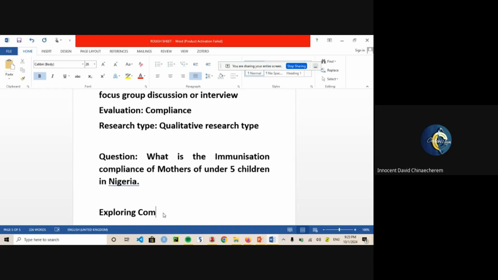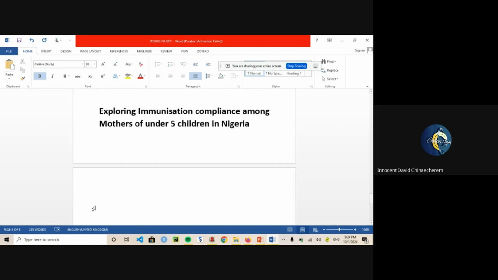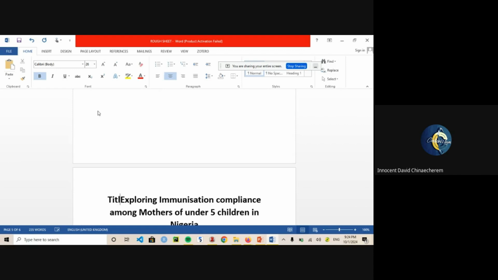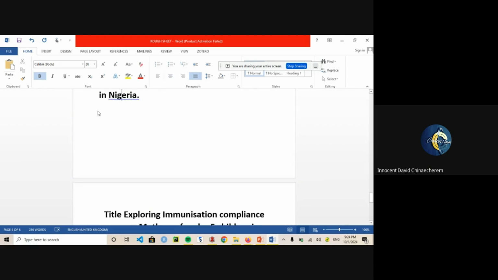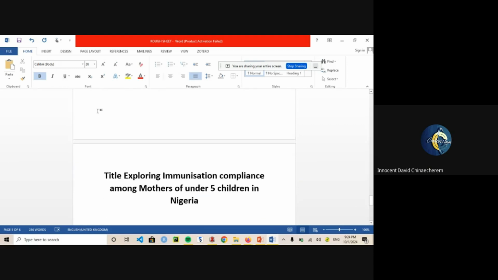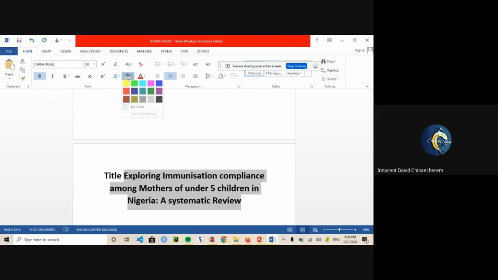Exploring immunization compliance among. So this becomes the running title. Then you can decide to prefix or suffix it with what? A systematic review. So that way you've been able to do what? Come up with your what?